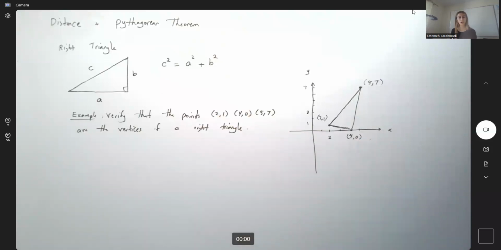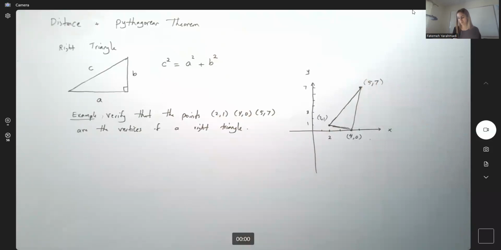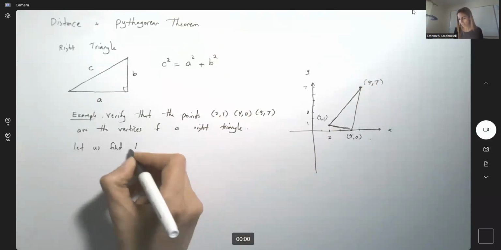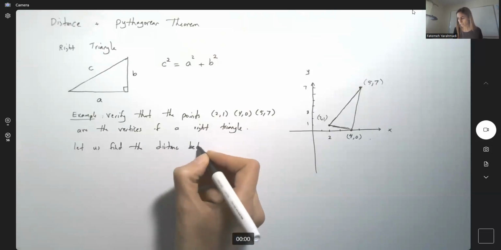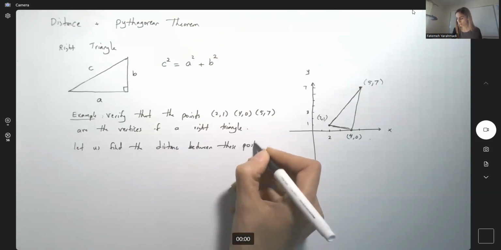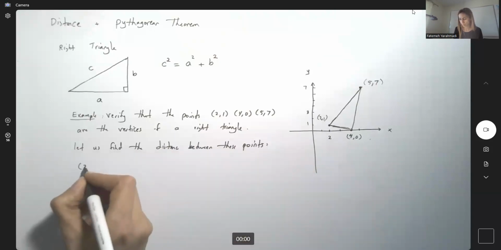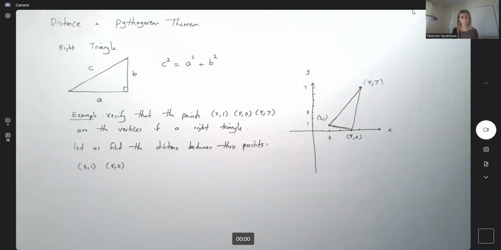What I'm going to do is find the distance between these points. So the distance between 2, 1 and 4, 0.